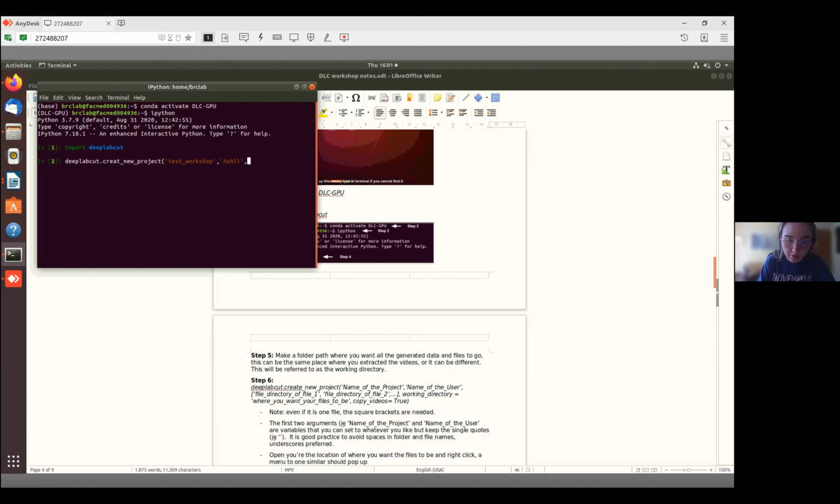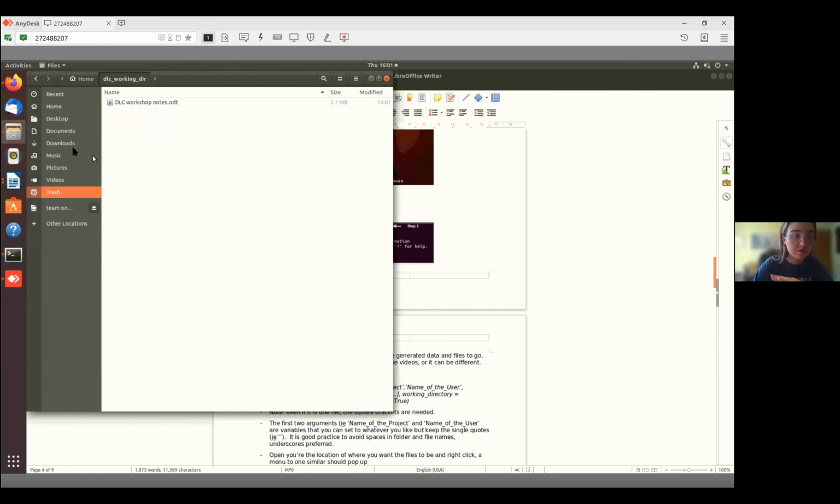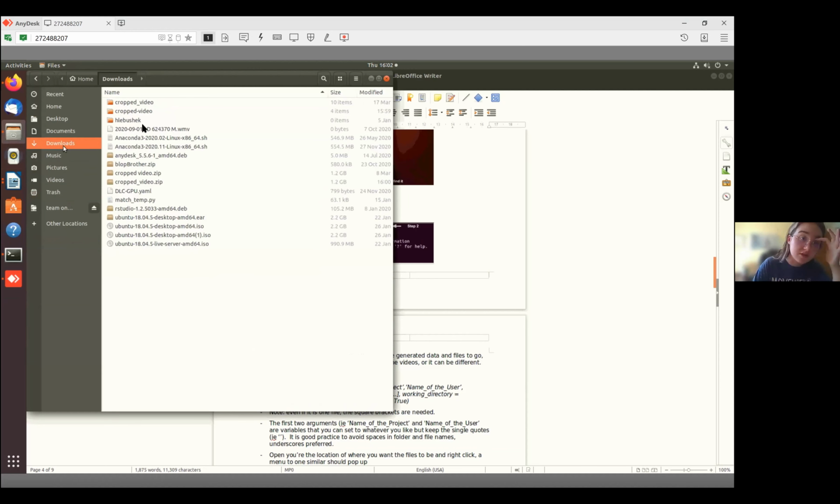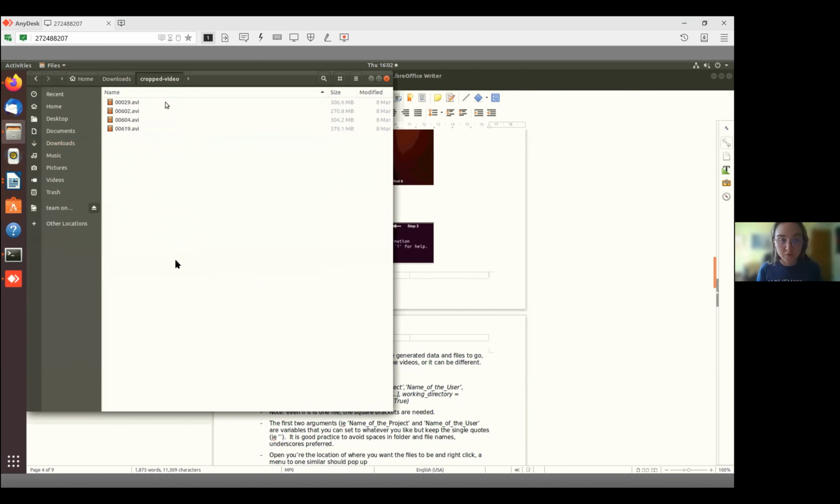And then you're going to put the directory of the files. This is the directory of where we extracted the video files. Usually you can do multiple videos for different training sets, but in the interest of making everything go a little bit faster, we're just going to do one.